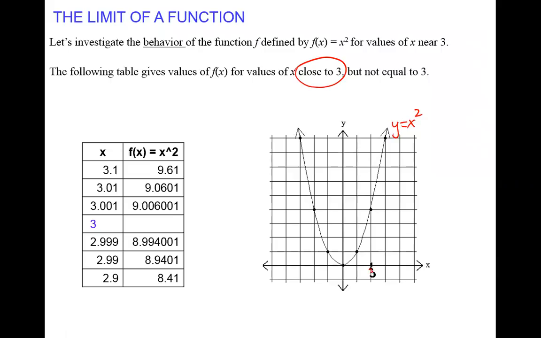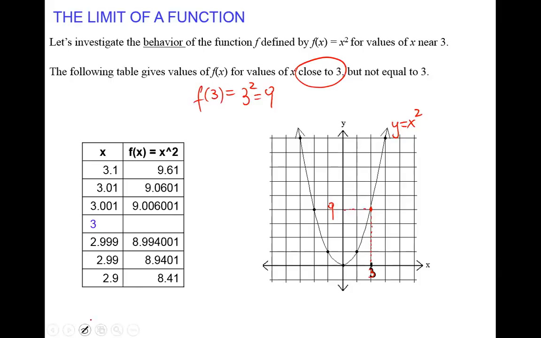That means this is 3. Right? And you can probably tell me this is the exact value. Can you tell me the exact value at 3? What is the value of the function at 3? Of course, it's 9. It's 3 squared. It's 9. Of course, that means this is 9.